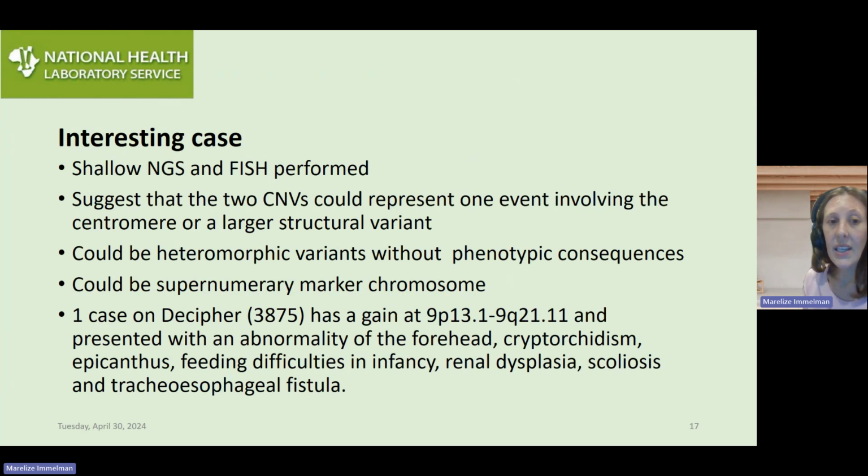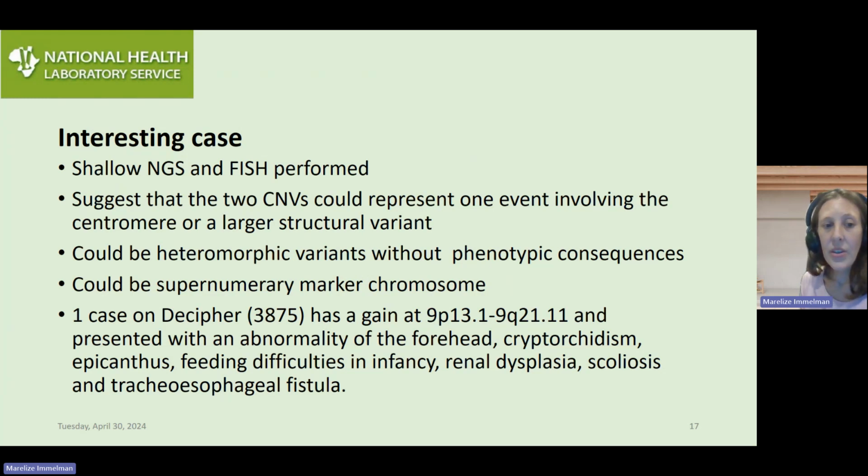Then shallow NGS and FISH testing was performed, and the findings suggest that the 2 copy number events could in fact represent one event involving the centromere or even a larger structural variant, for example, a supernumerary marker chromosome. It could be a heteromorphic variant without any phenotypic consequences, or it could in fact result in his phenotype.